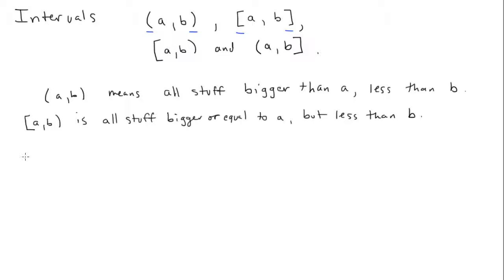Okay, so the way we're going to do that is, for (a, b), all stuff bigger than A but less than B. So let's just let X be something to represent the stuff.